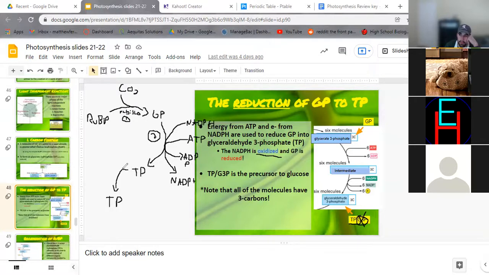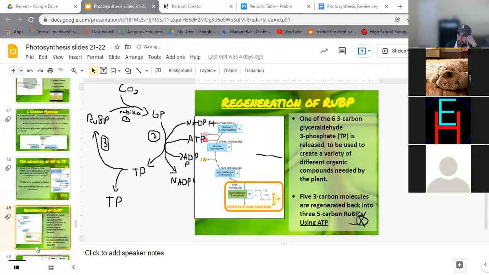So we see a molecule of TP leave. But all we have left to do now is to regenerate RuBP. That's step 3. In step 3, we see energy in the form of ATP is used to convert TP into RuBP, and that's it.